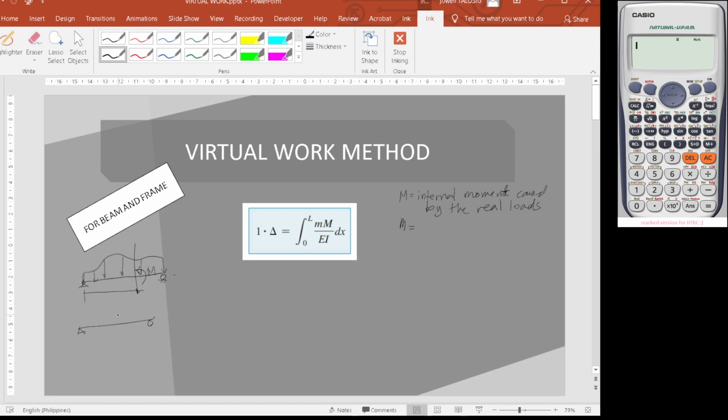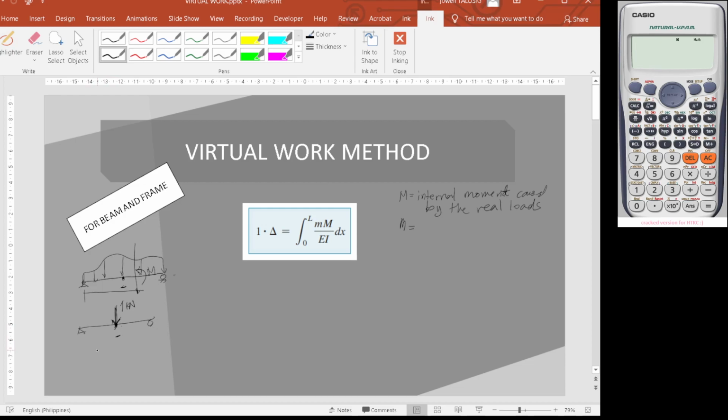If you are going to determine the deflection at the mid span here, you need to virtually draw a 1 unit load at the point where you're going to determine the deflection.